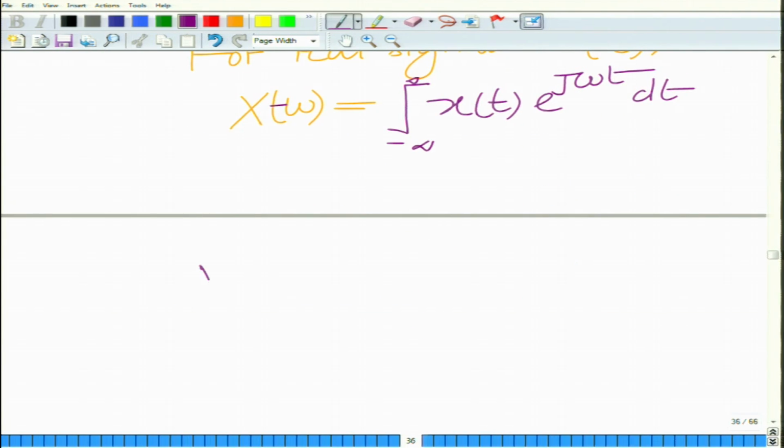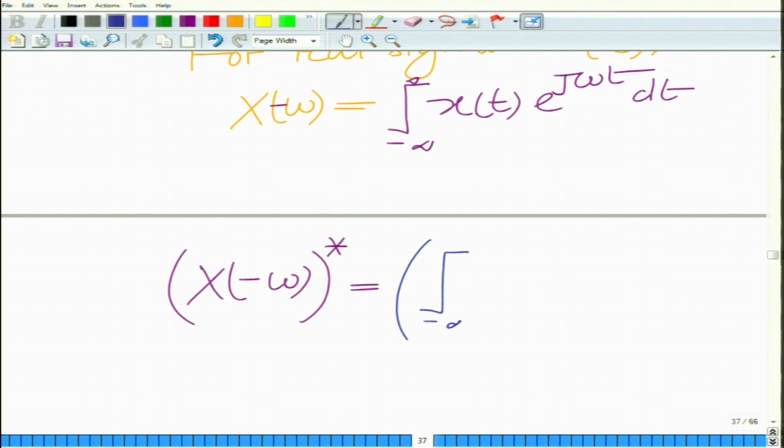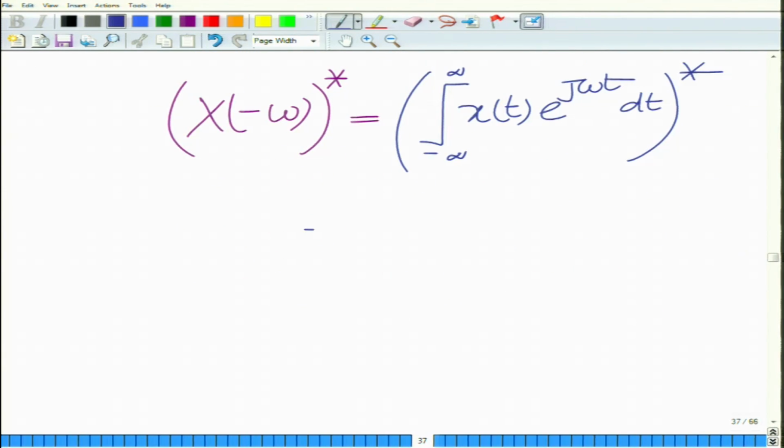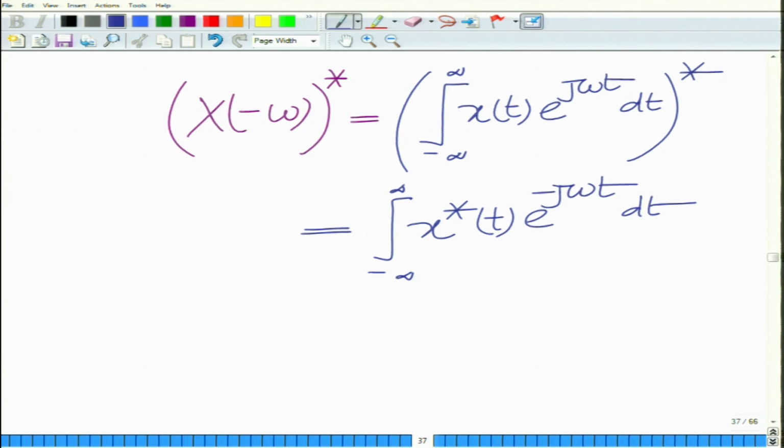And now, if you consider the conjugate of X of minus omega, this is basically the integral from minus infinity to infinity of the conjugate of x of t e raised to j omega t, which is equal to the integral of x conjugate of t e raised to minus j omega t dt.